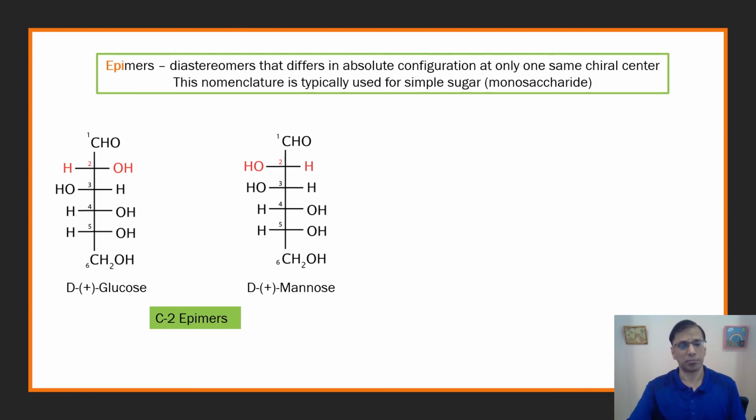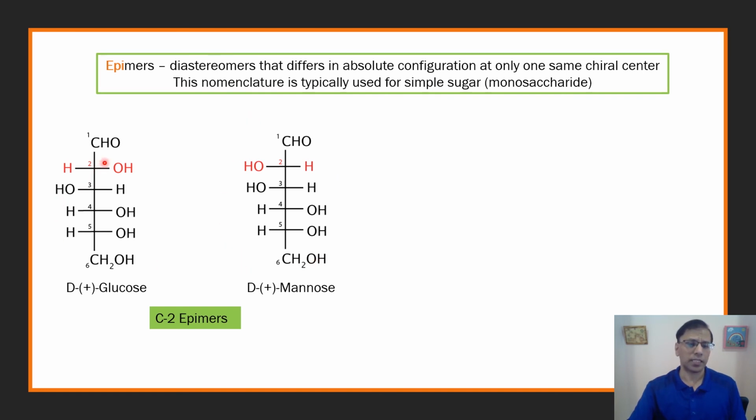Let's look at an example. So this is an example of D-glucose and D-mannose. You can see this is the Fischer projection structure. If you don't know how to write the Fischer projection structure, please refer to my video on Fischer projections. You'll learn how to convert a 3D structure into a Fischer projection.